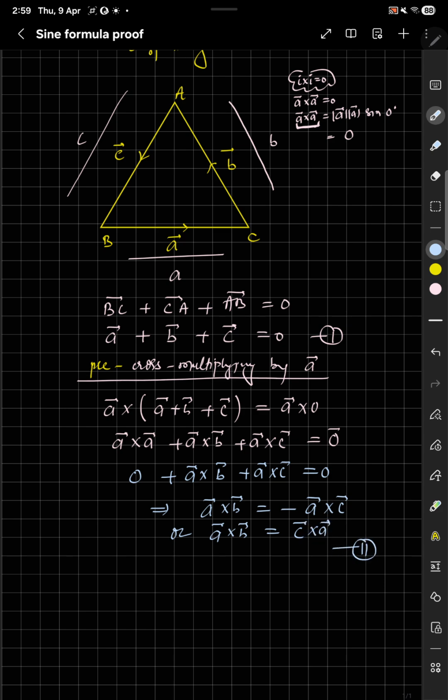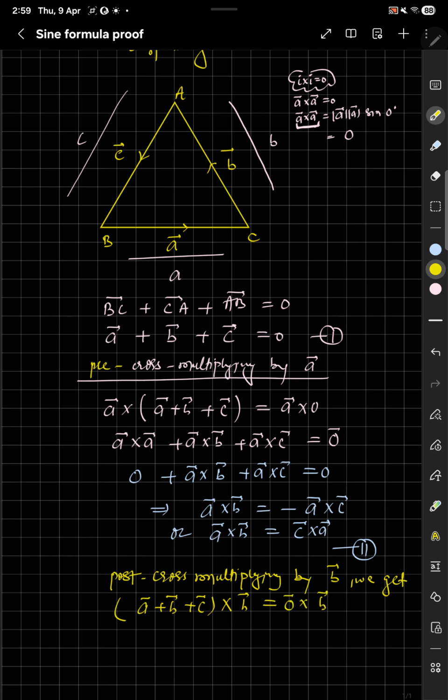Name this as 2. Now what you have to do is post cross multiply by vector b. We get a plus b plus c cross b is equal to 0 cross b.